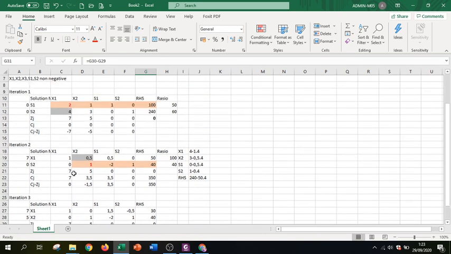If we have more than one negative, we must choose the least number. Minus 2, minus 7 is less than minus 5. So we choose minus 7 as the pivot column. Yeah.